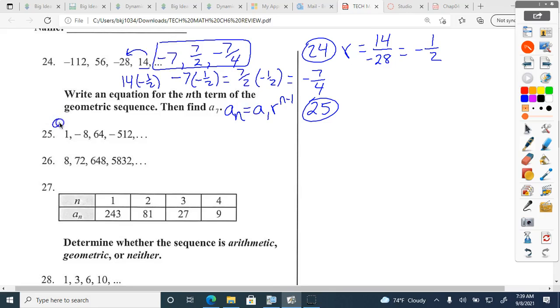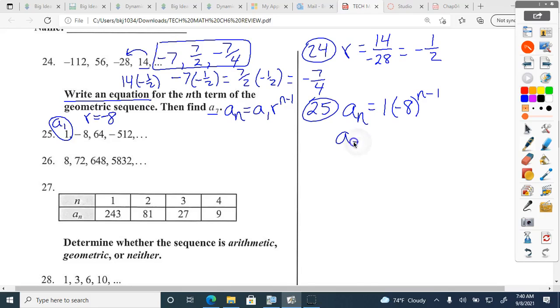So a1 right here would be 1, and r is, let's see, what are they multiplying by each time? They're multiplying by -8 every time to get the next number. And so you just plug those in. So we're going to have a sub n equals 1 times -8 to the n minus 1. So that's our equation, and it wants us to find a sub 7.